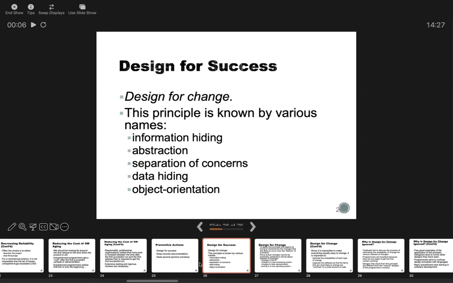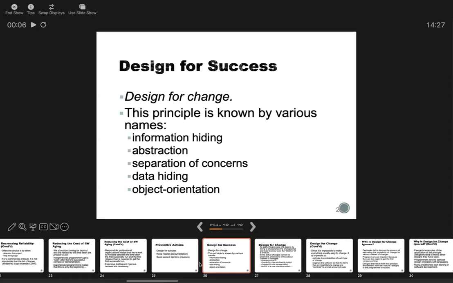So in the design for success, actually the thing is related to our mindset. The first one is that we need to be very adaptable to the requirements. We need to be maintainable with the changes.